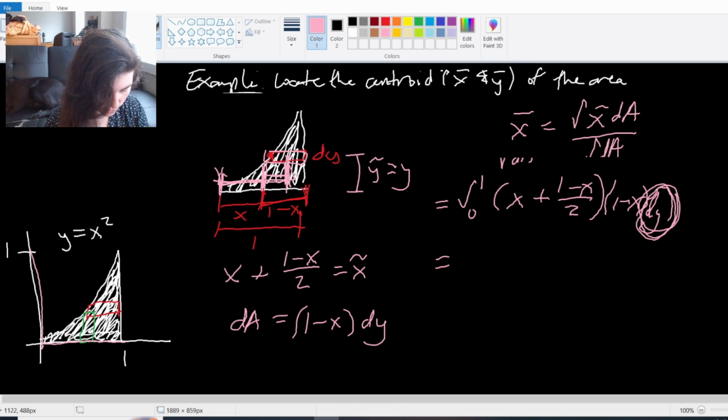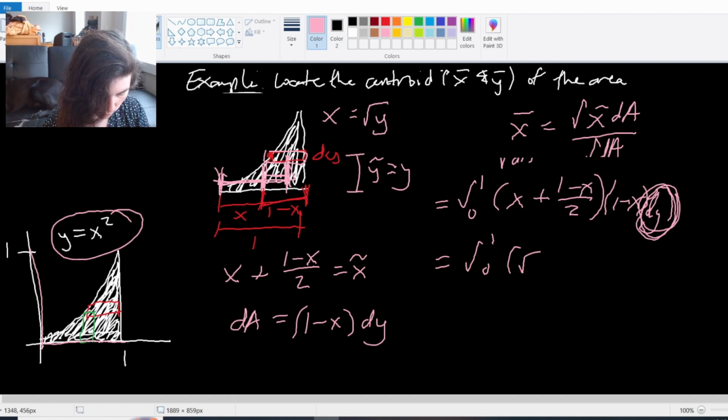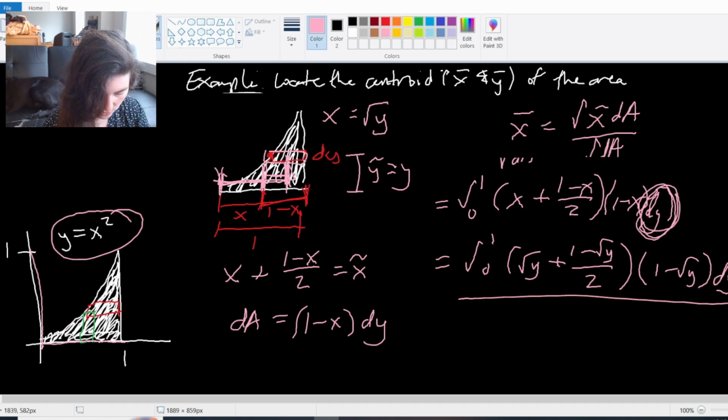If I put everything in terms of y, my x equals the square root of y, just rearranging this equation. I get the integral from 0 to 1 of (square root of y plus (1 minus square root y) over 2) times (1 minus square root y) dy, and then that's all over the integral from 0 to 1 of (1 minus square root y) dy.